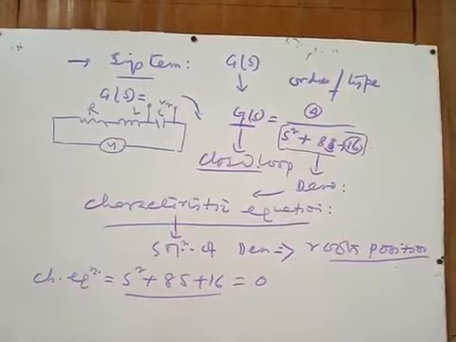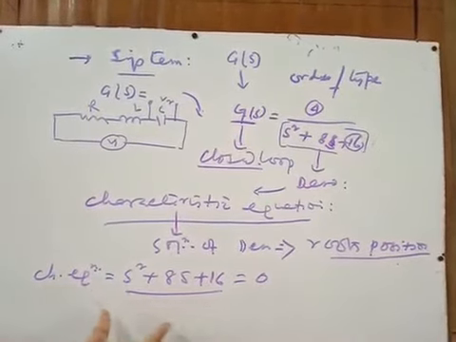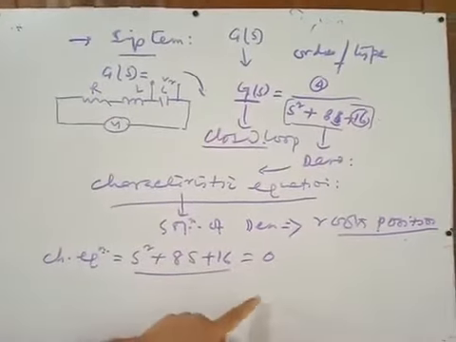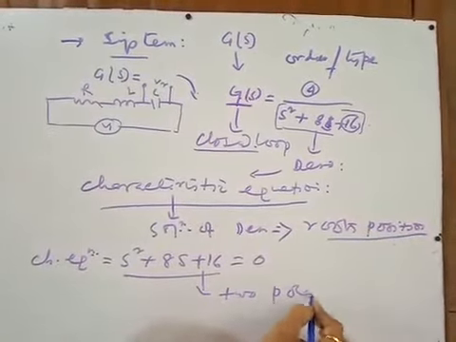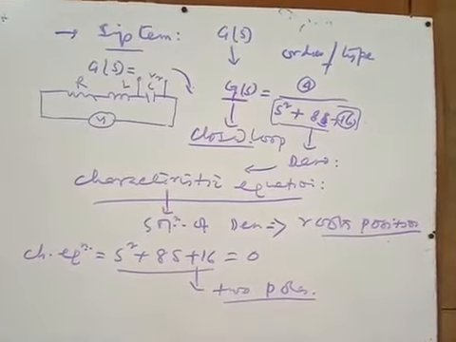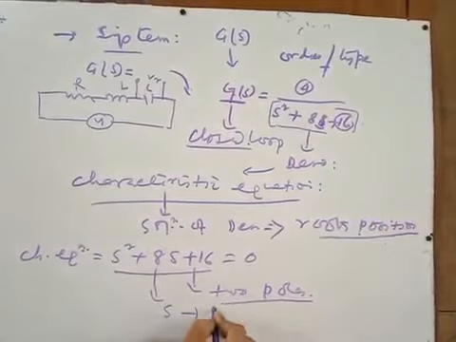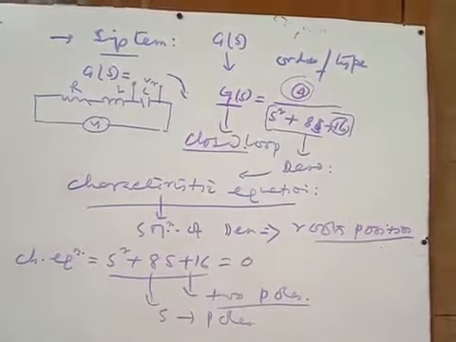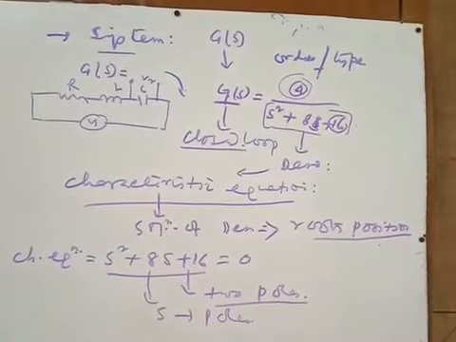So the characteristic equation is nothing but the denominator of the closed loop system, and if you make it equal to 0, you will get two poles, right? You know the concept of poles and zeros. When you solve the denominator and get the values of s, these are known as poles, and when you solve the numerator and get the values of s, those are known as zeros.